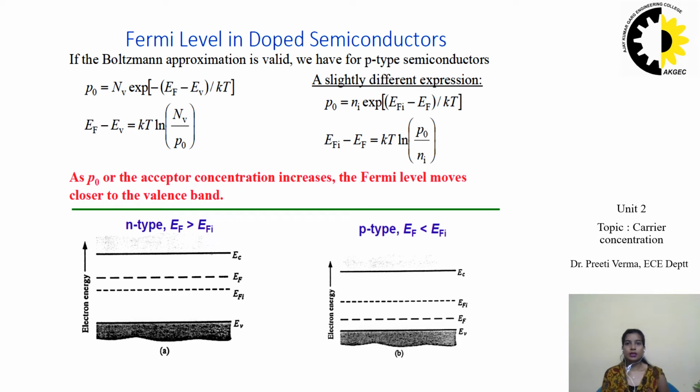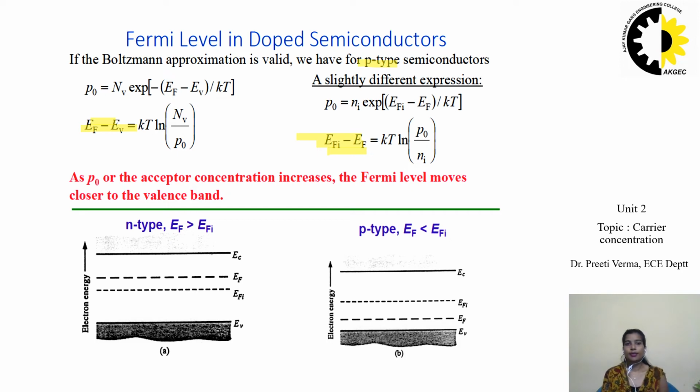So this is representing the p-type semiconductor doped Fermi energy level. p0 = Nv exp(-(Ef - Ev)/kT). So from here we can write Ef - Ev as kT ln(Nv/p0). Similarly, a slightly different expression we can write is Efi - Ef = kT ln(p0/ni).